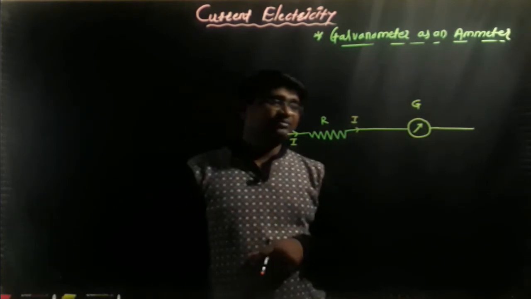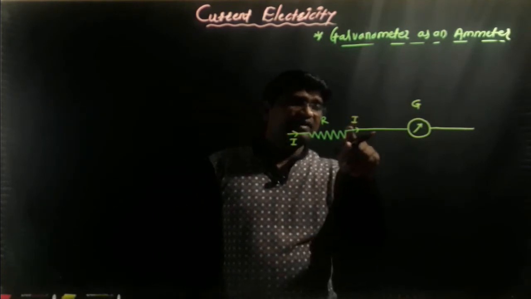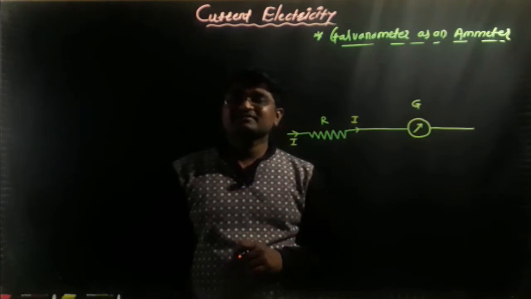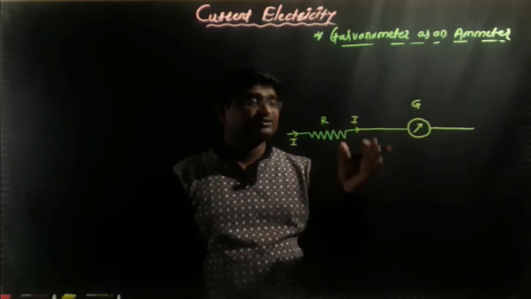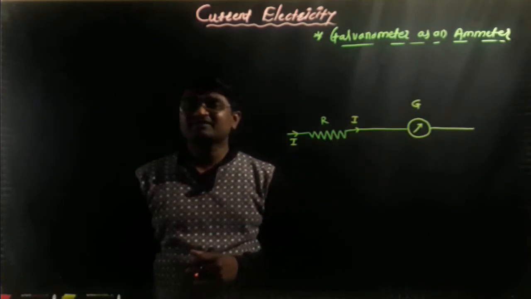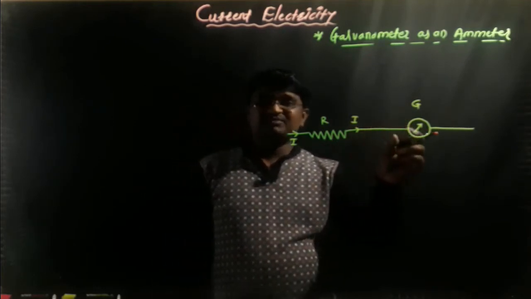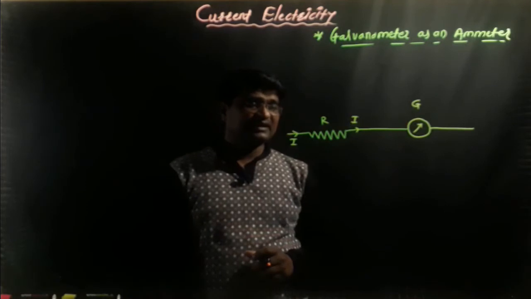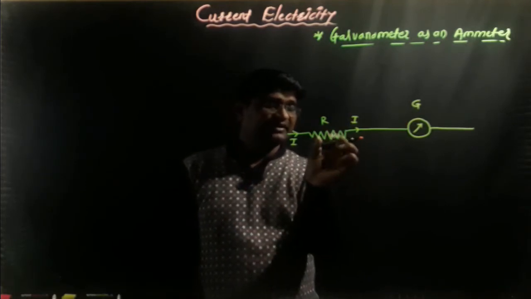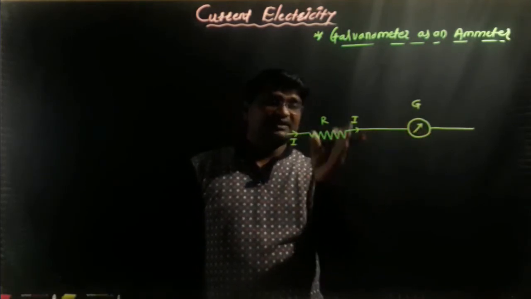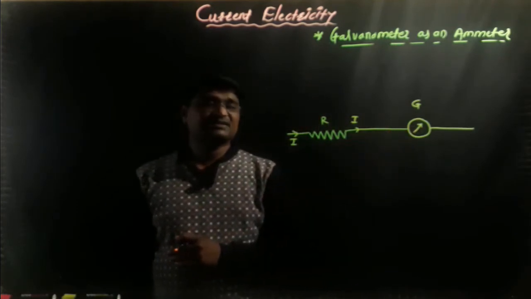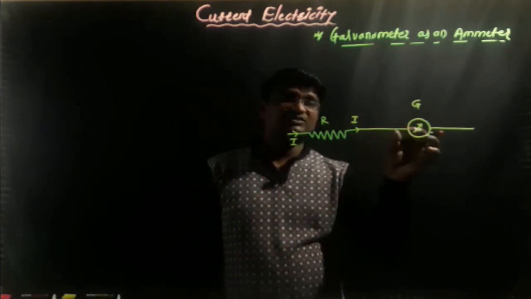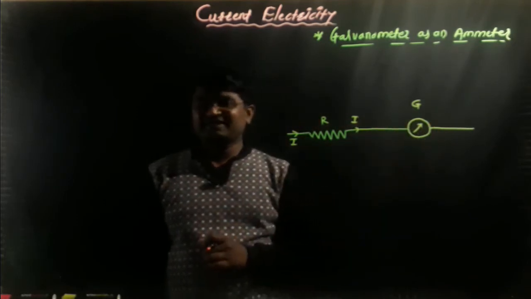But again you remember that when a large amount of electric current passes through the galvanometer, its coil will definitely be damaged. It is possible to damage the coil of the moving coil galvanometer, because with its help we measure a very small amount of electric current, and if the resistance is connected in series with the galvanometer, the range of the electric current will increase, and when a large amount of electric current passes through it, it is possible to damage the coil of the galvanometer.